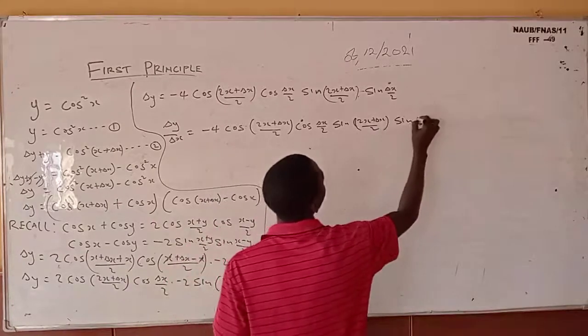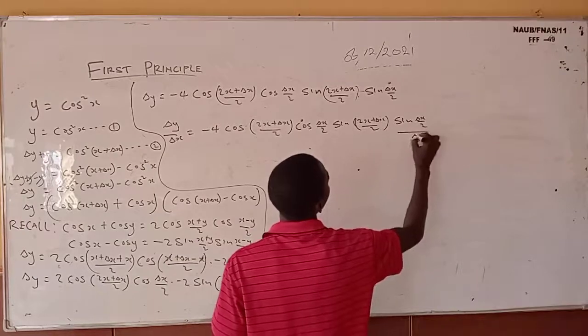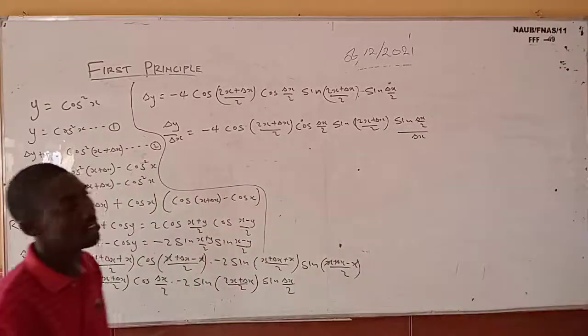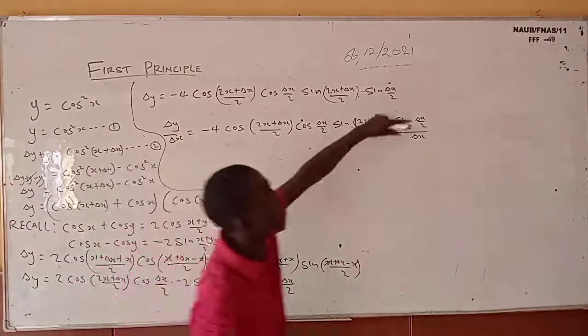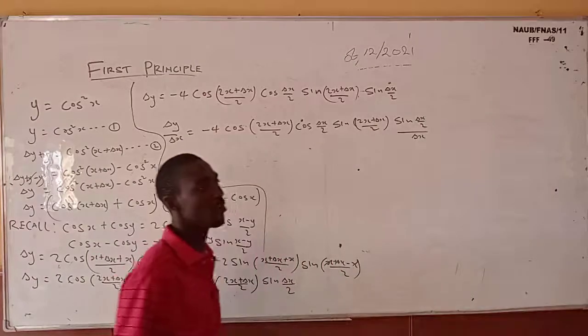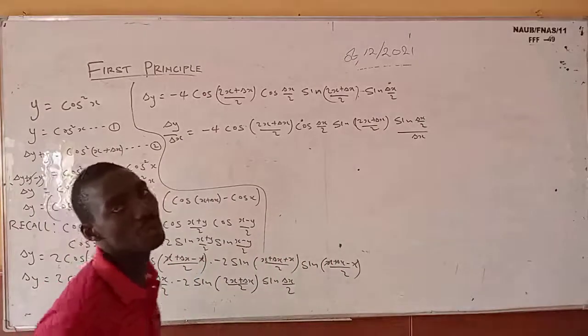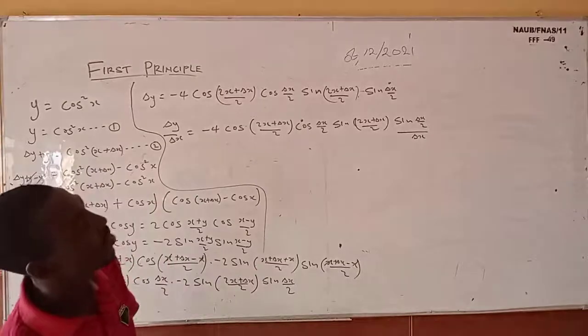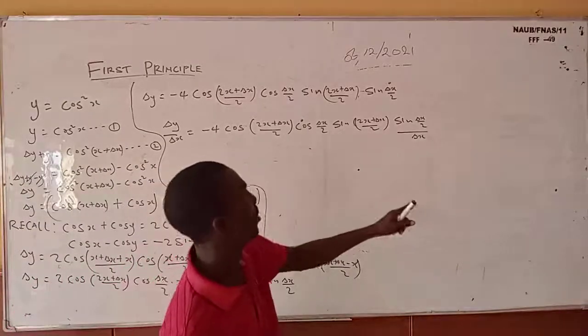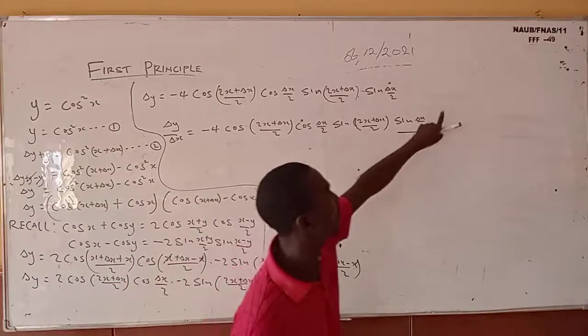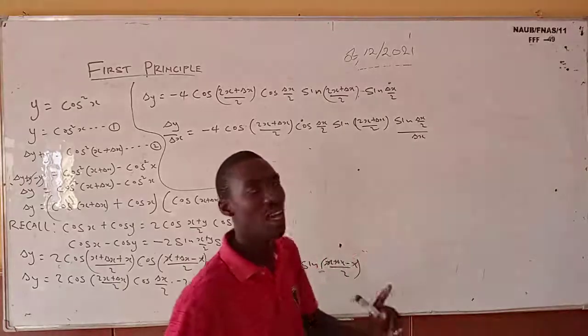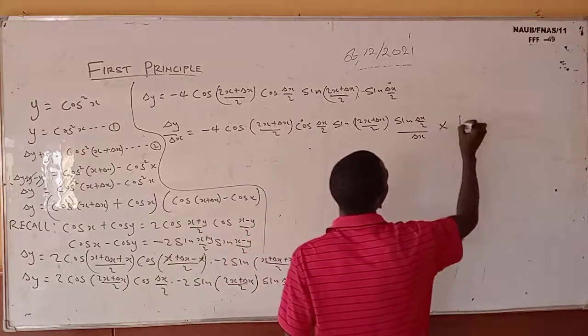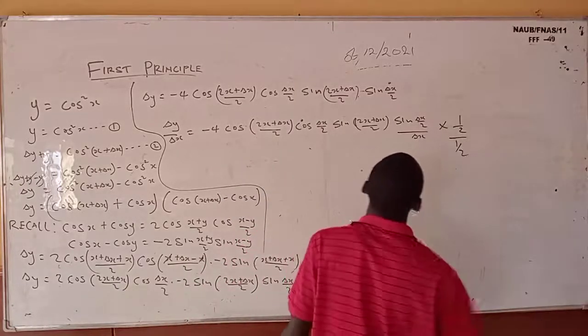Then sin (change in s over 2) over change in s. But don't forget, what is here must be equal to what is here. So for us to have the limit be 1, how can we do this so that they will be equal? We just multiply the numerator by half, then the denominator by half. So now it's times 1 over 2 over 1 over 2.